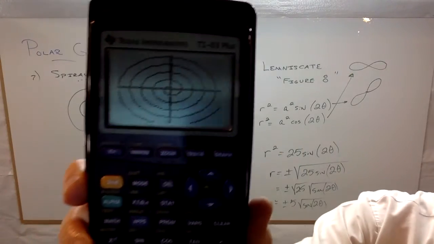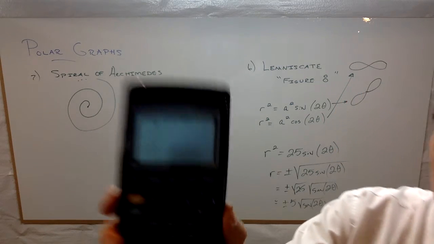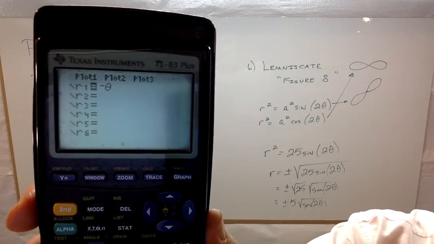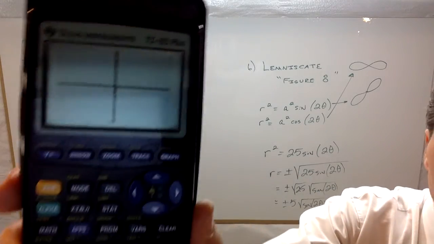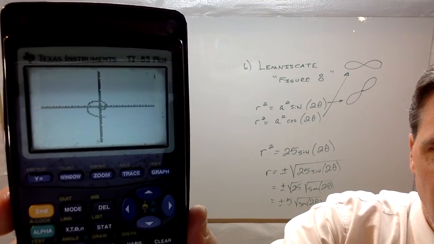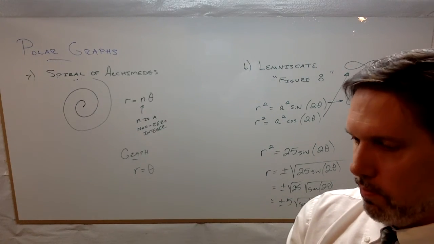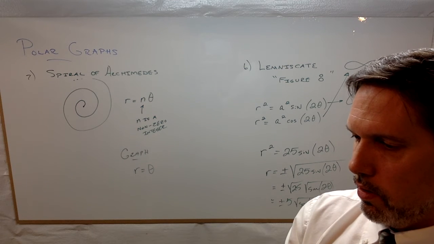And if we were to graph negative theta, I said that's just going to spiral clockwise. That's all the negative in front does. So now we're spiraling. Actually, that's counterclockwise. It's the same direction. What did I just do there? Negative theta.